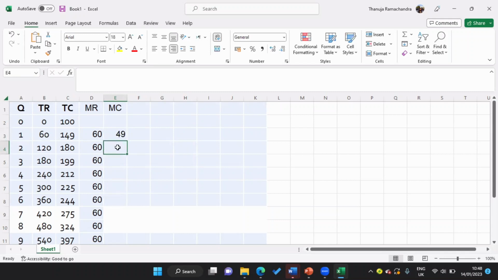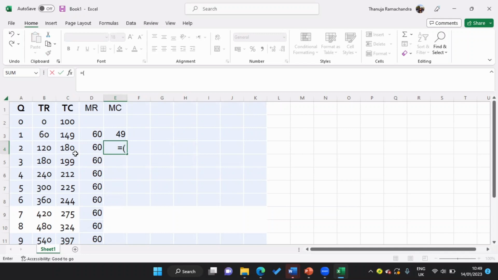And go to the next level. Now 149 becomes 180. Meantime, the production increases from 1 to 2. Right? So how much is the additional cost in producing an additional 1 unit?